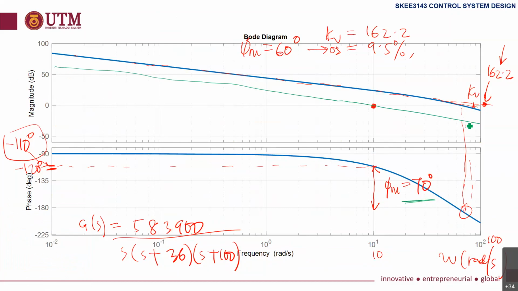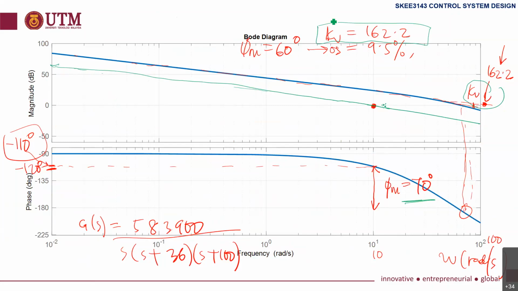But what happens if I reduce? KV will also change. Now a different KV; KV may be here, crossing 0 dB maybe here. But we want this KV. This is our desired KV. That's why gain adjustment cannot be used.